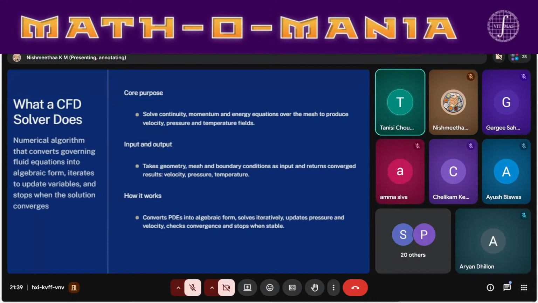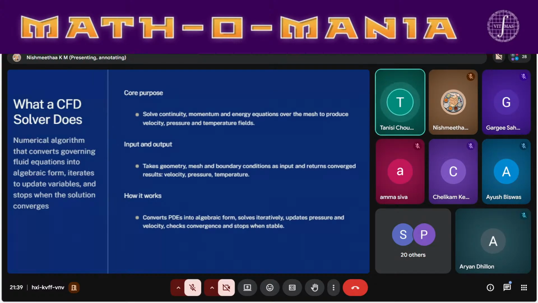Similarly, the CFD solver is the algorithm that actually solves the fluid equations by converting them into algebraic form and iterating the variables, applying it again and again until you get a solution that is converging.